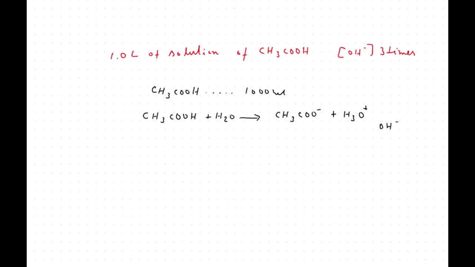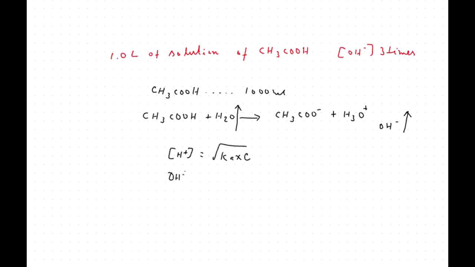So when dilution increases, when I go on adding the water, more and more acetate ions are formed and more OH minus ions are also formed. The concentration of H plus is equal to square root of Ka into C, the concentration. The question is, I have to increase the OH minus ion concentration 3 times.